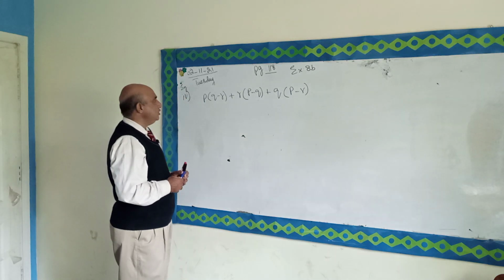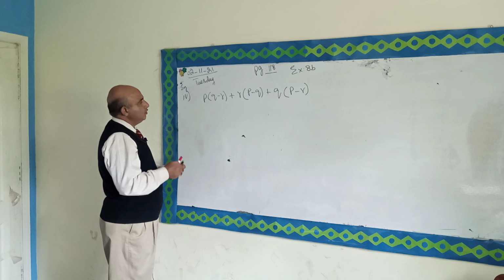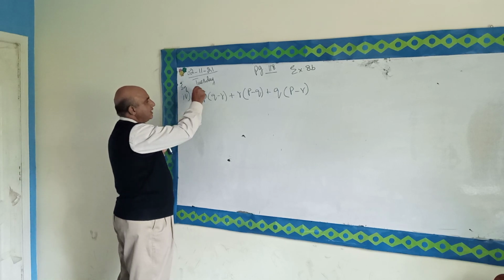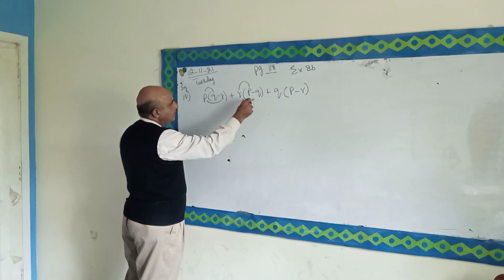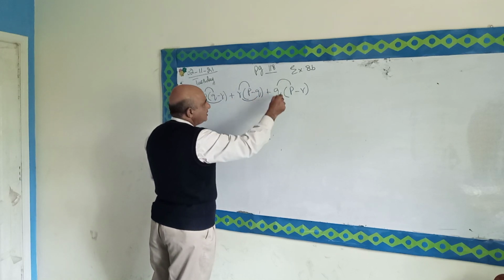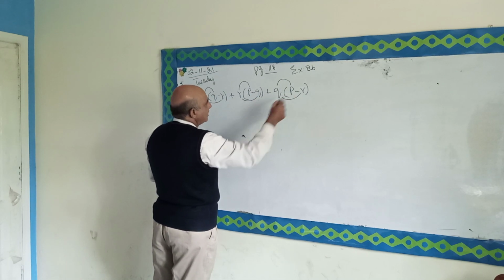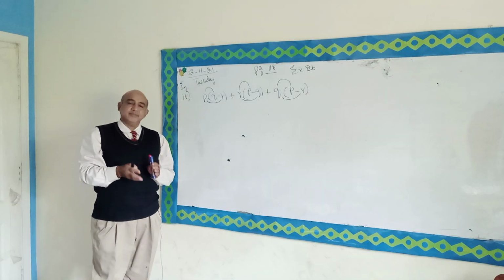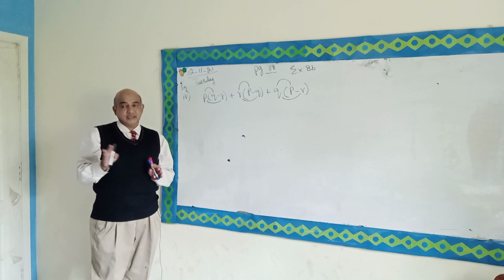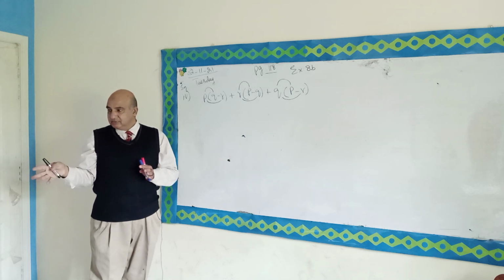Yes, sir. Okay. Now here again, what will we do? We'll multiply P by Q, then P by R, then R by P, then R by Q, Q by P, and then Q by R. When we multiply the same variables, their powers are added.